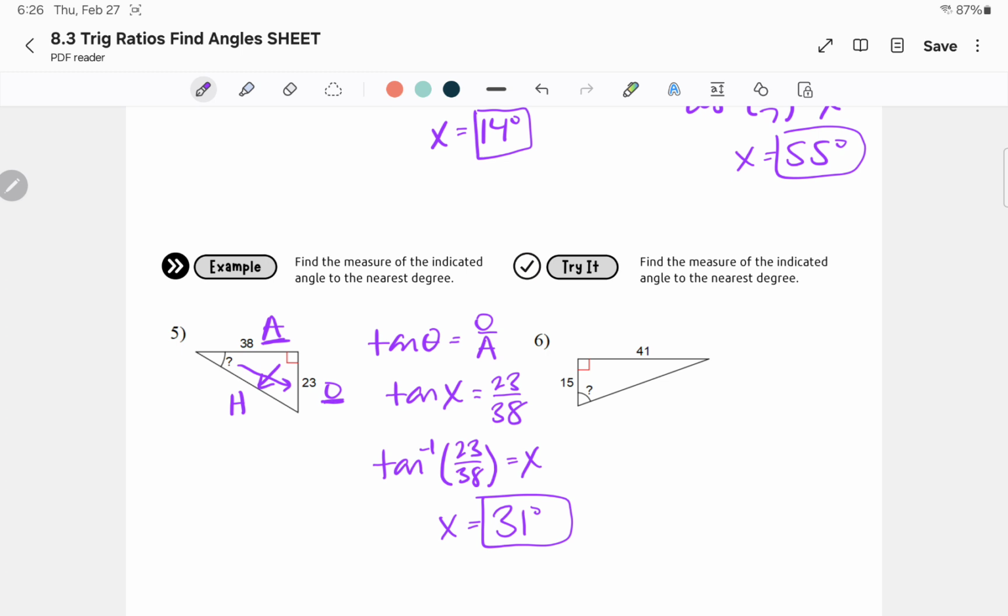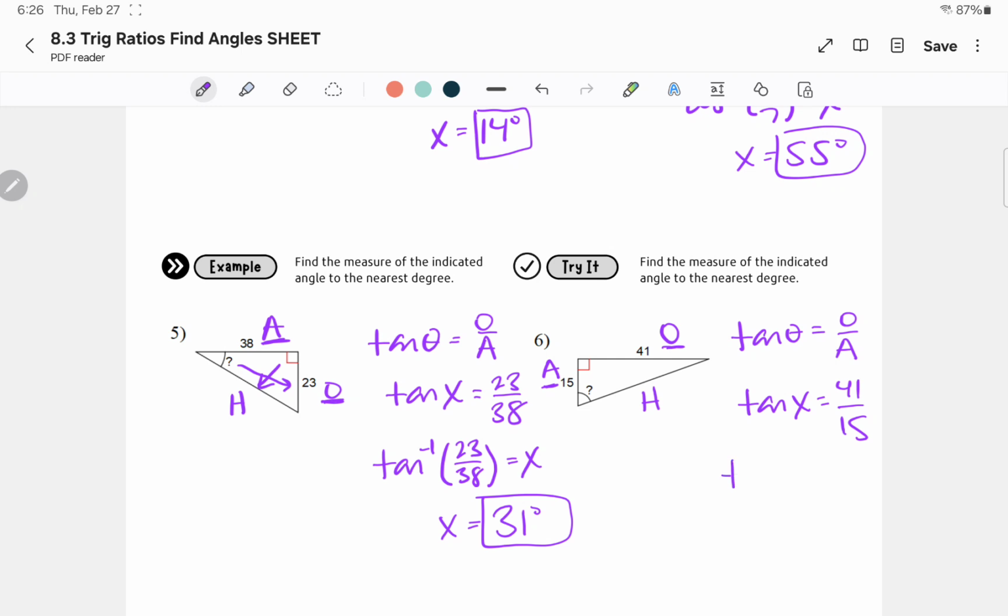And now you're going to pause the video, try this last one on your own. All right, so hopefully you've labeled H, O, and A. Remember, A should be, the last one should be right next to the angle. They're giving us O and A, so we're going to be using tangent, which is O over A. We don't know what the angle is, but we know O is 41 and A is 15.